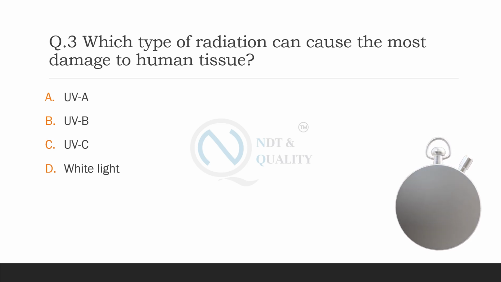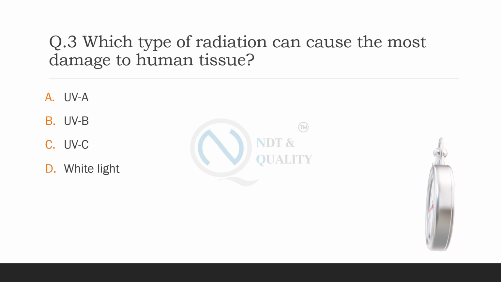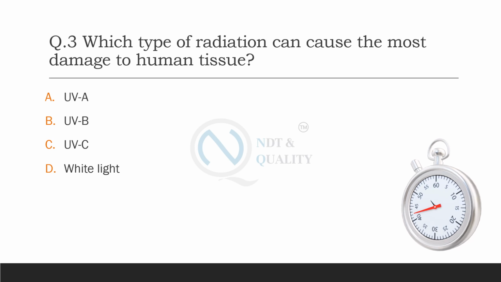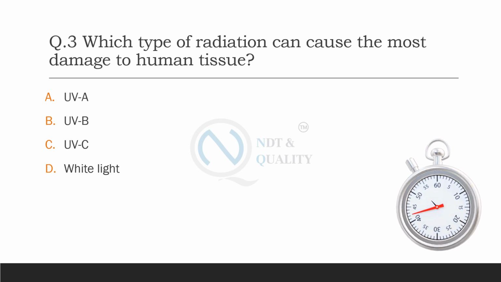Guess your options. Our answer will be UV light, but there are three options: UVA, UVB, and UVC. First of all, for fluorescent testing we use UVA light, which is not harmful to human tissues.